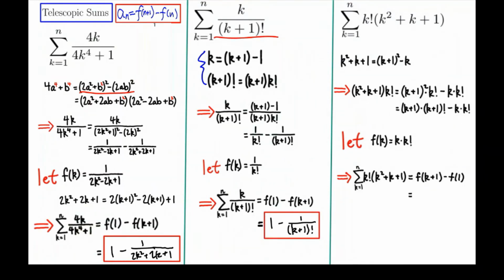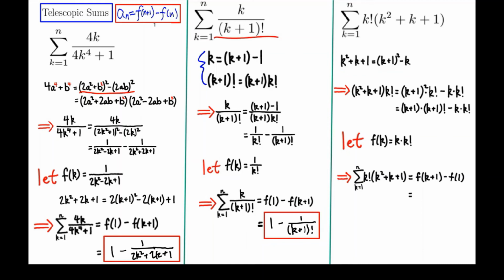Next, we have to find the sum of this over here, where k is equal to 1 all the way to n. So first of all, k squared plus k plus 1 is equal to (k plus 1) squared minus k.